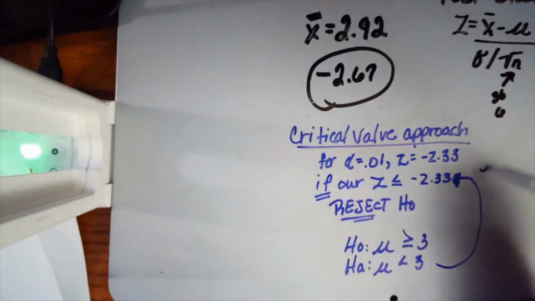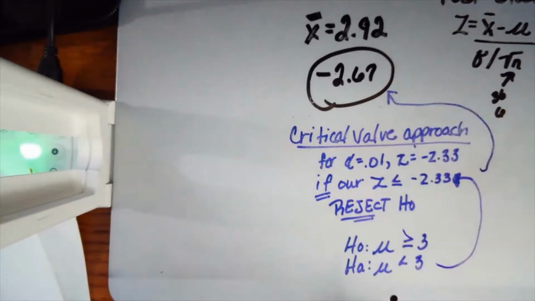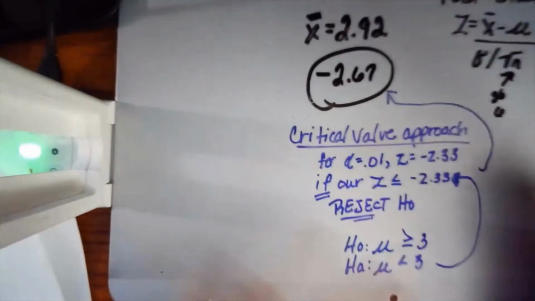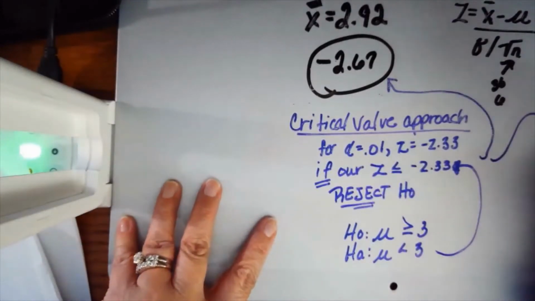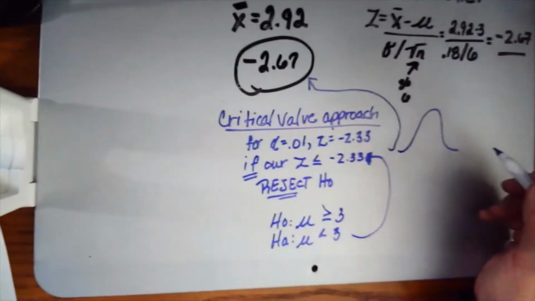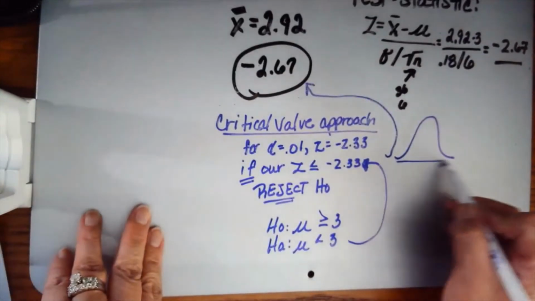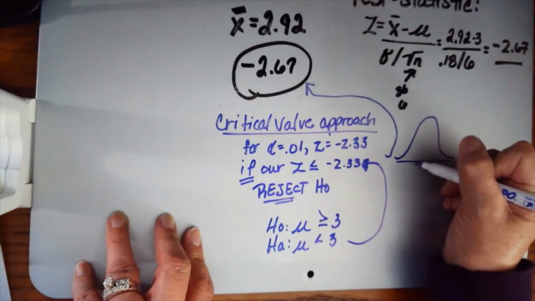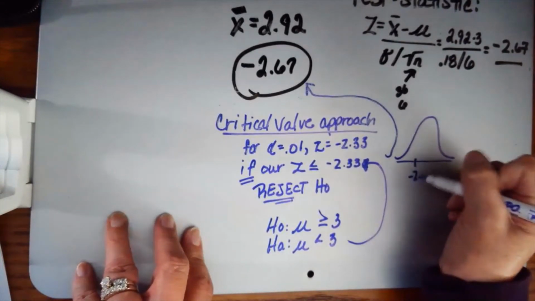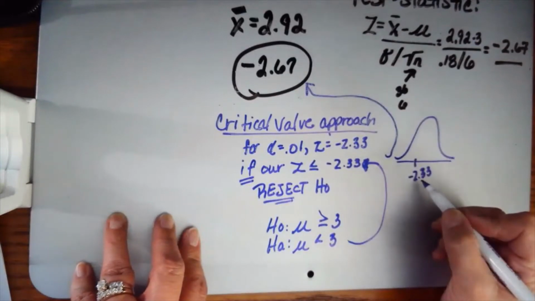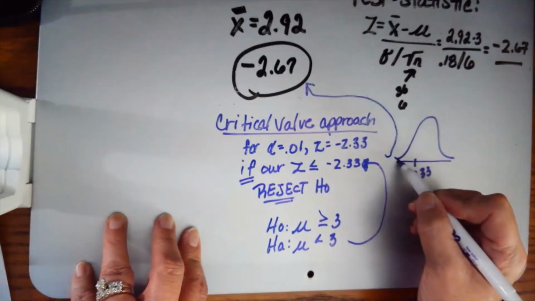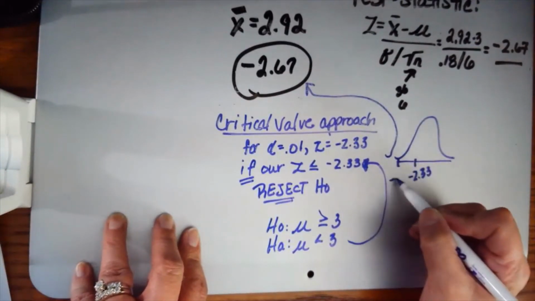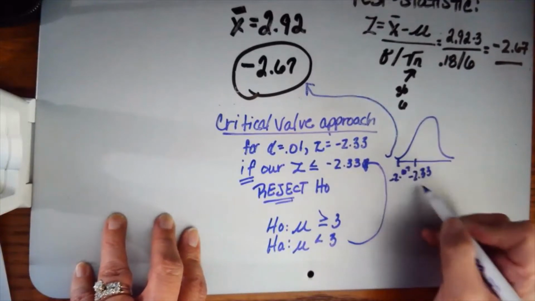Well, our test statistic came back as negative 2.67. So remember that we're talking about a negative value here. If negative 2.33 is right here, then negative 2.67 is less than negative 2.33.